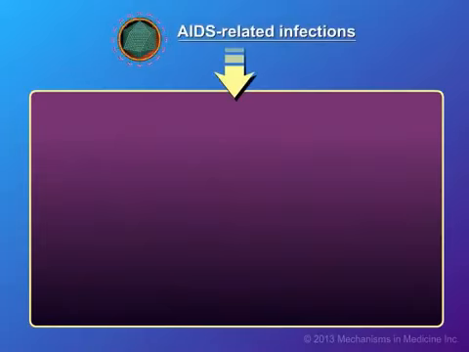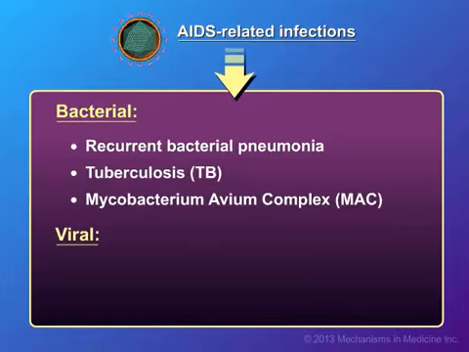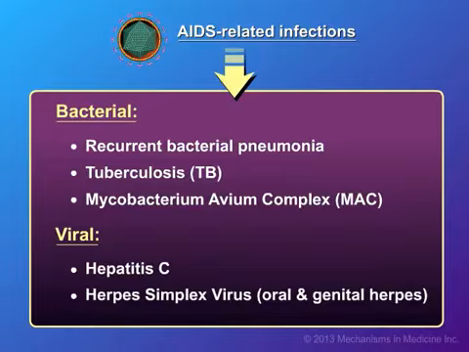Other AIDS-related infections include bacterial infections and viral infections. Bacterial infections include recurrent bacterial pneumonia, tuberculosis or TB, and Mycobacterium avium complex or MAC. Viral infections include hepatitis C and herpes simplex virus or oral and genital herpes.